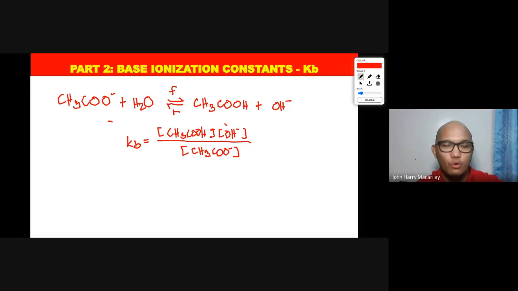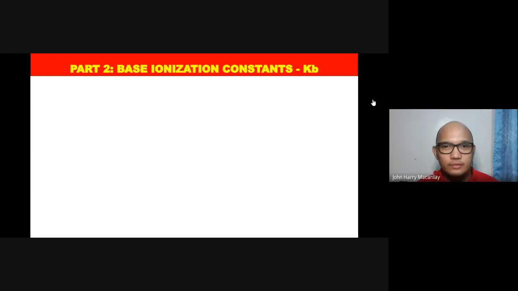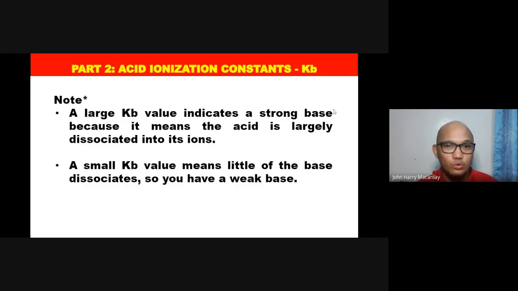So the general equation for the base ionization constant would be product over reactant, or ionized over unionized. Okay? So what is now the meaning of this? For the Kb, a large Kb value indicates a strong base, because it means that the base is largely dissociated into its ions, and a small Kb value means a little of the base dissociates. So you have a weak base.